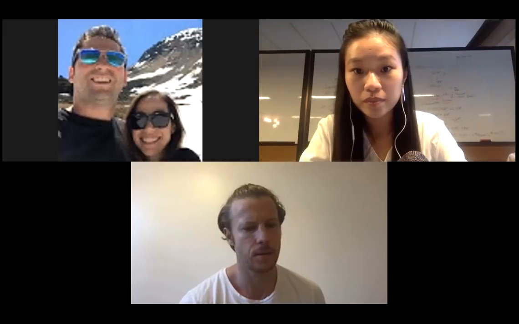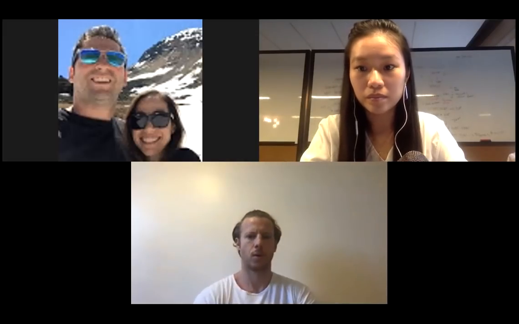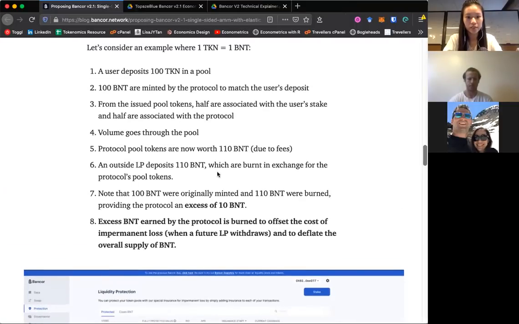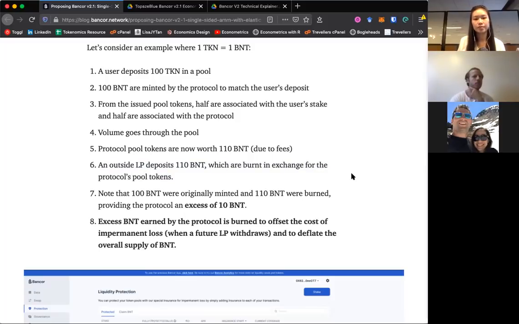Yeah. So basically, if you stake TKN the protocol mints BNT to represent the same value, and that will be added into the pool. Step 1 is your deposit of TKN, so your stake into TKN.